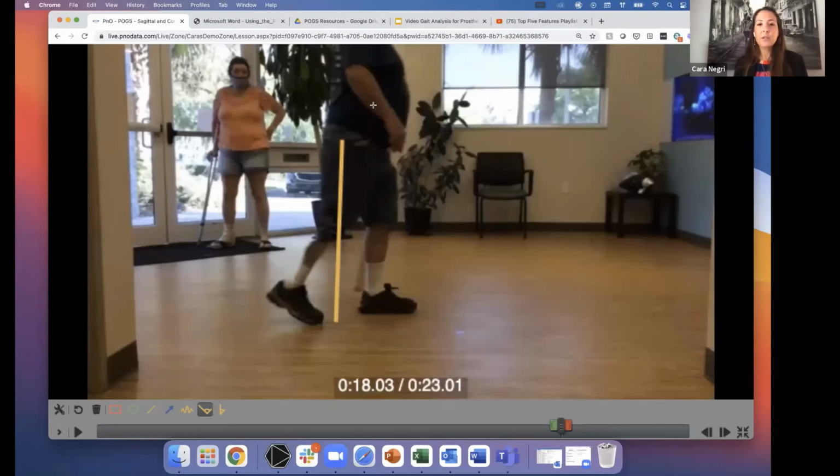Also ask patients not to wear dark clothing, or if you have a dark background, make sure they aren't wearing dark clothing as well. The worst is if you have somebody wearing black socks and a black mat that they're walking over, which makes it very difficult to see when the foot actually leaves the floor versus when it's still on the floor. So those are tiny little things that you can do.